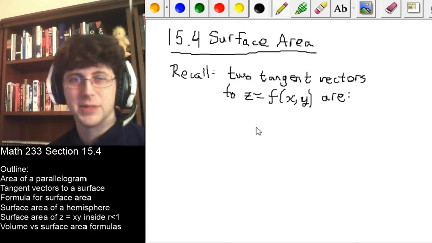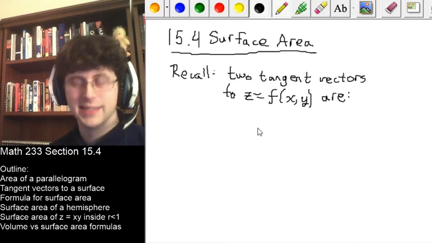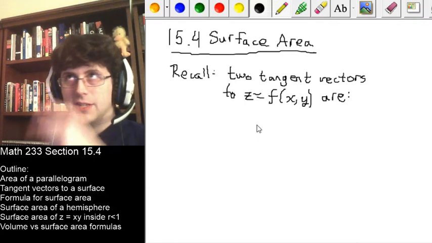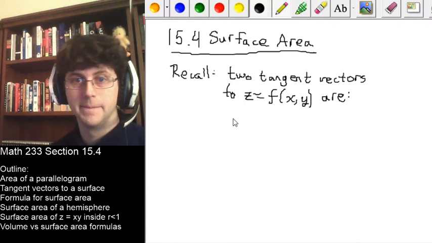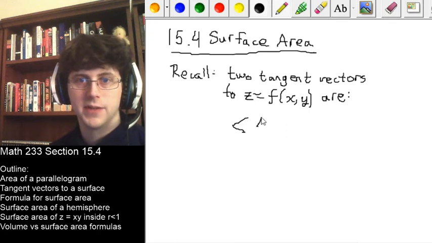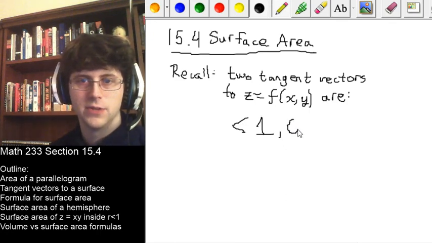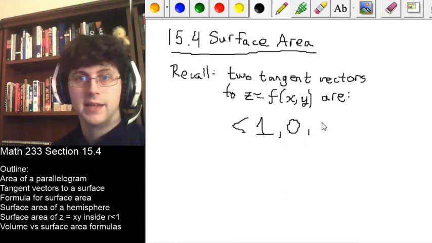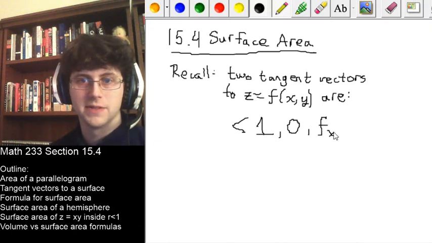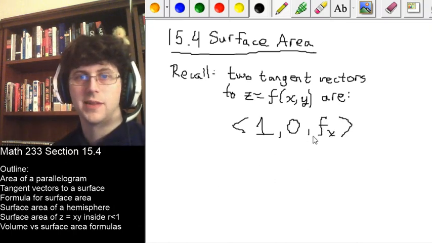Fx, the x partial derivative of the function, tells you how much the surface goes up if you go in the x direction by 1. So if you go in the x direction by 1, and you don't go in the y direction, then you'll go up by the x partial derivative. This is one of the tangent vectors.